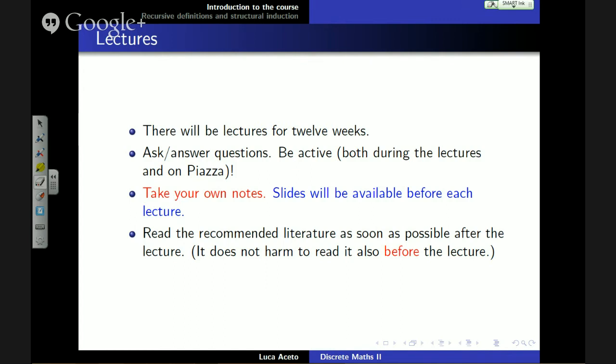And do read the literature. You know, the reason why we have a textbook is not because it costs a lot of money and the author makes some money. The reason why we suggest it is because it contains useful material for the course. So even though the lectures are going to be fantastic, well, I hope, good at least, or not too lousy, even though the lectures are going to give you something, the real learning takes place when you actually sweat on the material, read over, produce your own notes, and think about it.